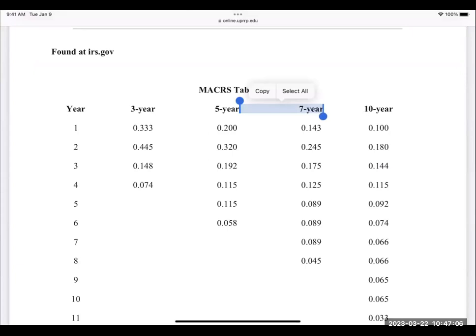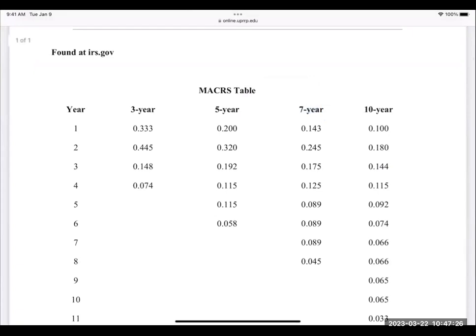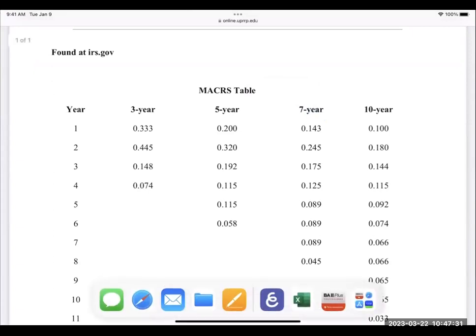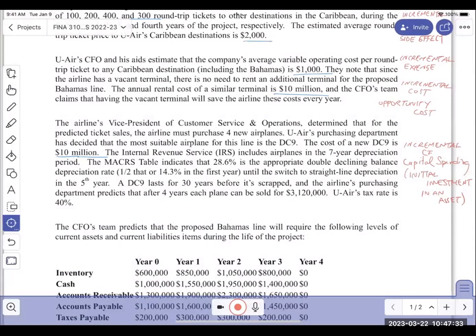Buildings depreciate slower, so they could be under 10-year or 15 or 20-year depreciation, and equipment and electronics depreciate sooner, so 5 years or 7 years. What you see here are these numbers, and you use these numbers. I'll show you how to do this. In the first year, this is half of 28.6%. What is the reason for the half? Does anybody know?